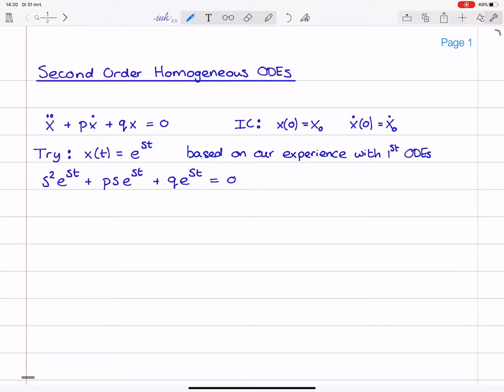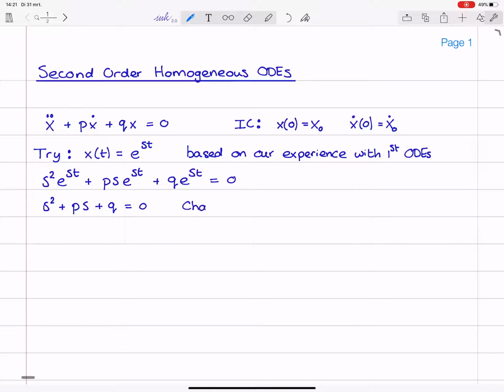equal 0. So I can take e to the power st outside of brackets, and since this is non-zero for finite values of s and t, basically it can be cancelled, and we are left with the following algebraic equation: s squared plus ps plus q is equal to 0.